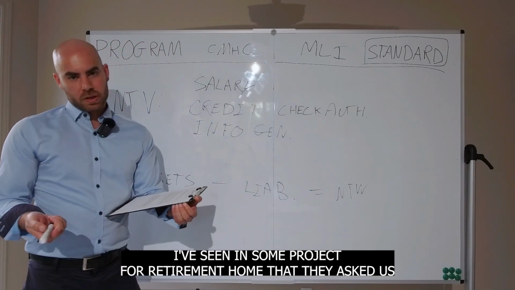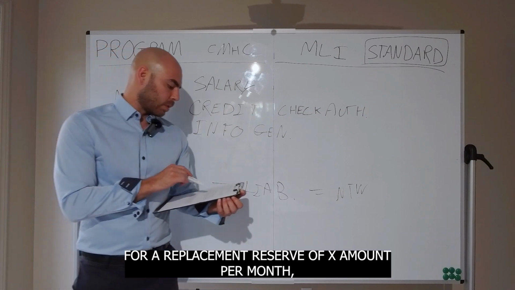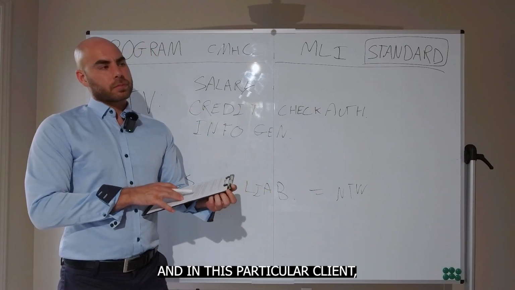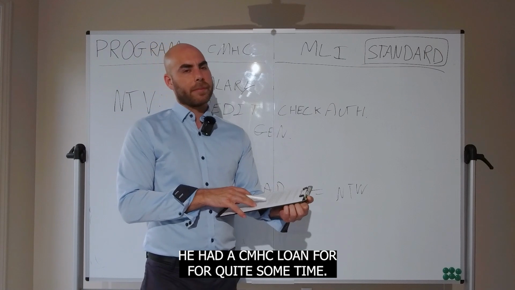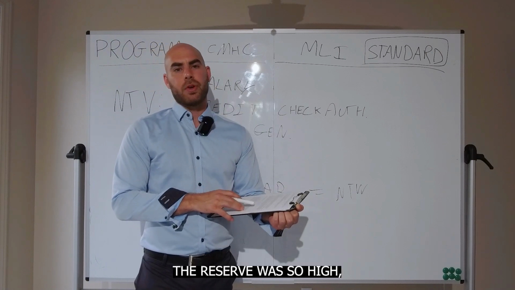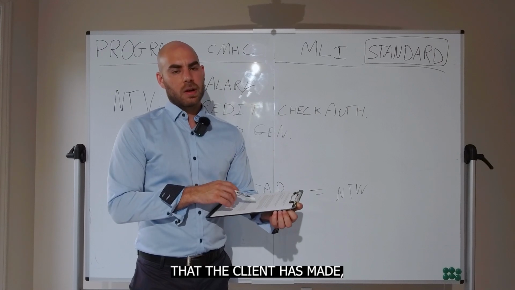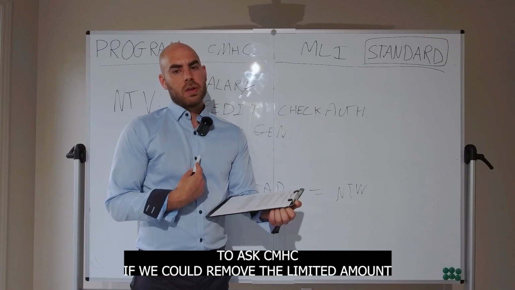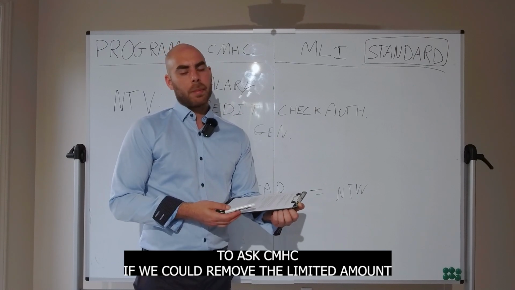I've seen in some projects for a retirement home that they asked us for a replacement reserve of X amount per month. And in this particular case, the client had a CMHC loan for quite some time. The reserve was so high that the client made a request to us to ask CMHC if we could remove the debited amount per month.